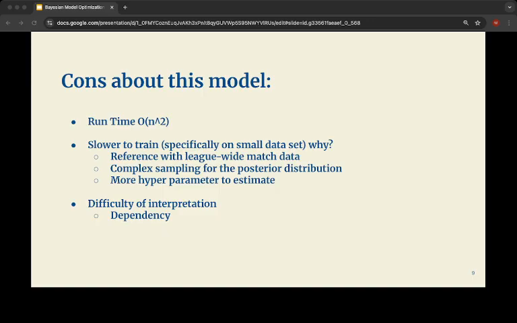And also, it's really time consuming when you analyze a small data set. It takes way longer than the single-level model.